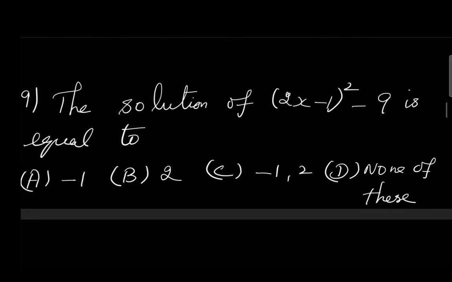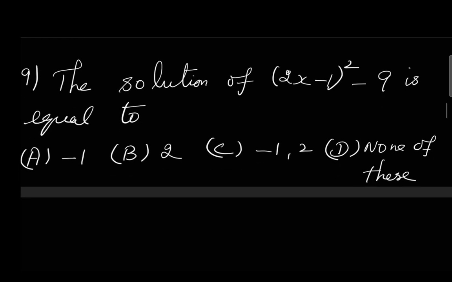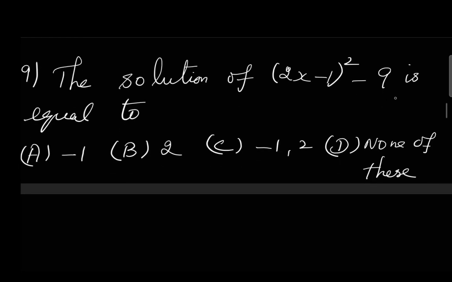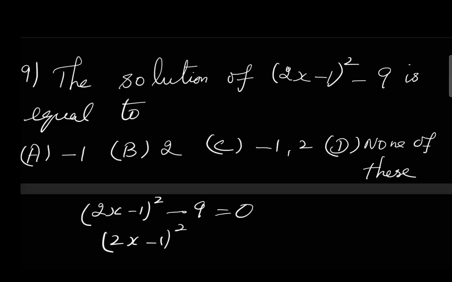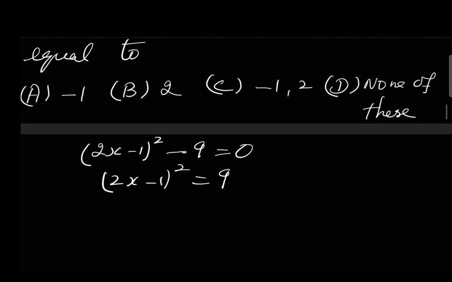Next question. The solution of 2x minus 1 the whole square minus 9 is equal. Solution. When they ask you to find the solution, you make them equal to 0. So 2x minus 1 the whole squared equal to 9. Taking square root on both sides. So 2x minus 1 is equal to square root of 9, plus or minus 3.